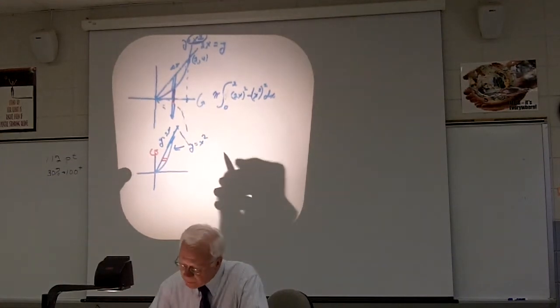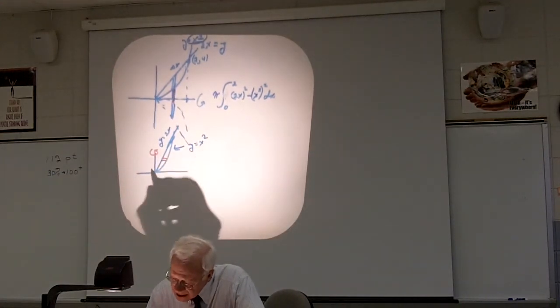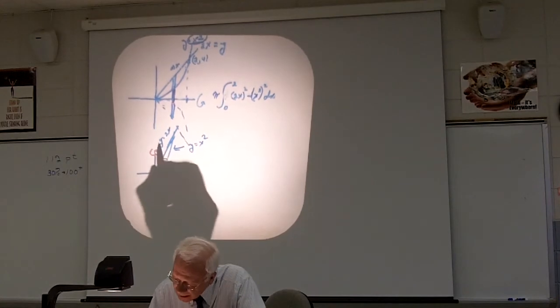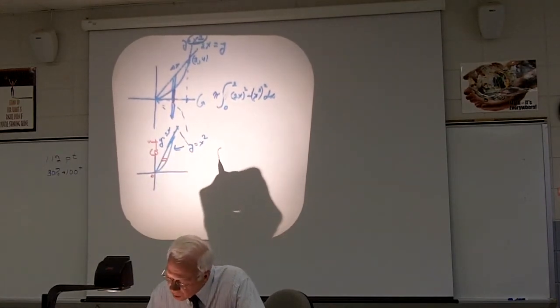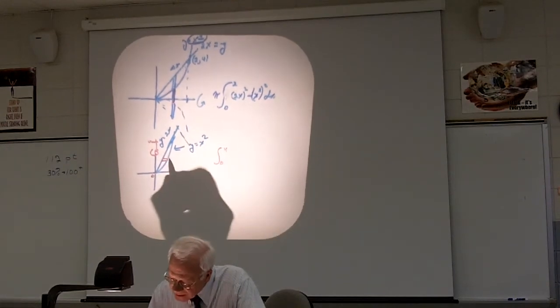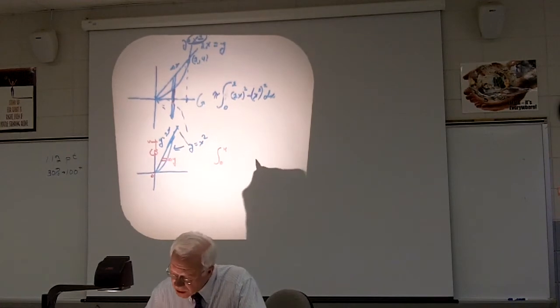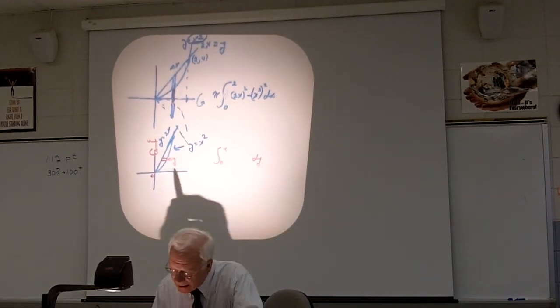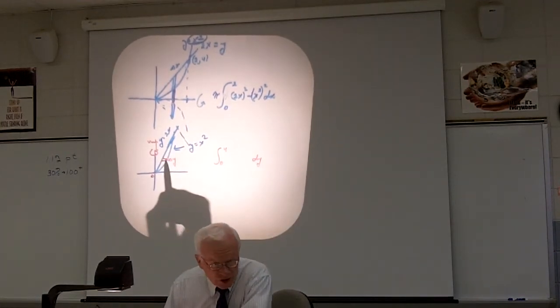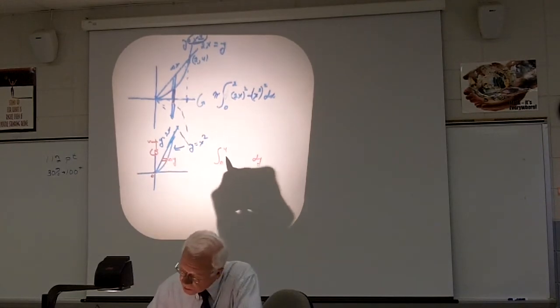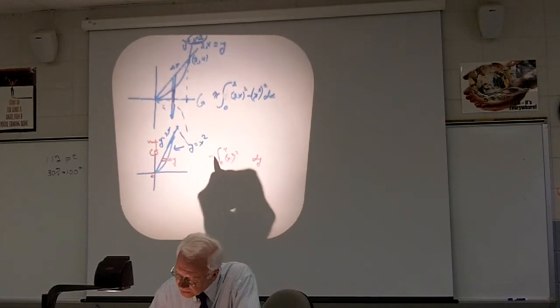I'll first do the derivative part. Now, you notice in this case, this is 0, and up here the top is 4. So I'm going to go from 0 to 4, and this is delta y, so that's a dy. Now, this one is on the outside, so it's going to be x squared, squared, pi out here.